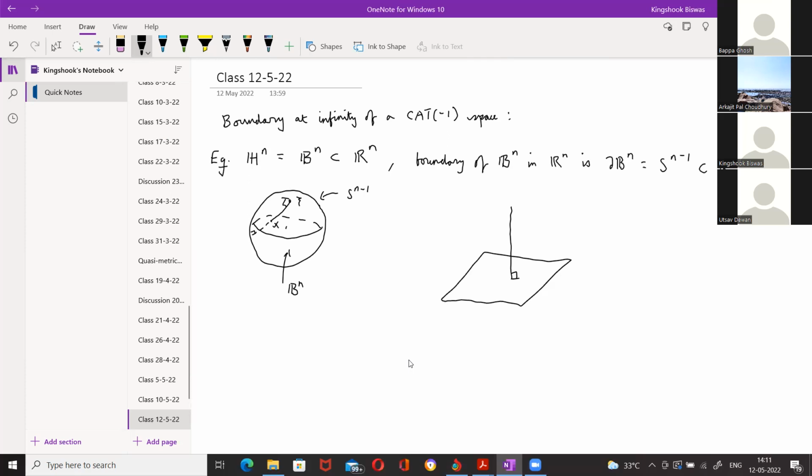Let's take two points on the circle, and we know there is a geodesic joining them, right? Because I can always move one point onto the vertical axis, right?